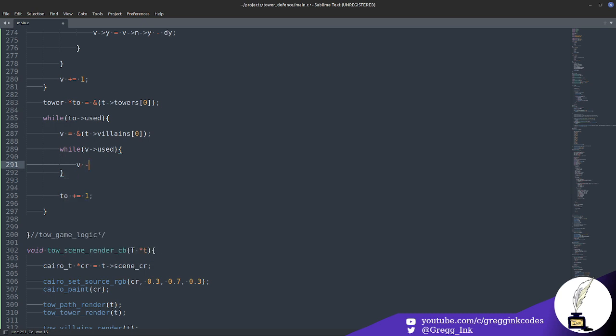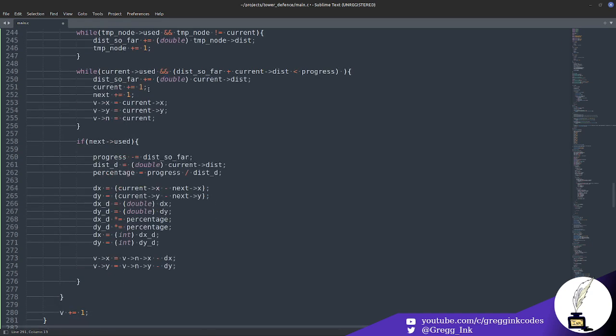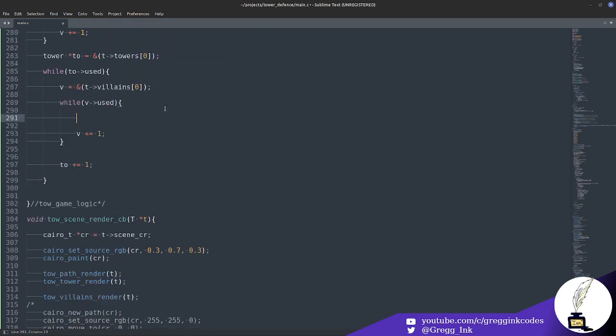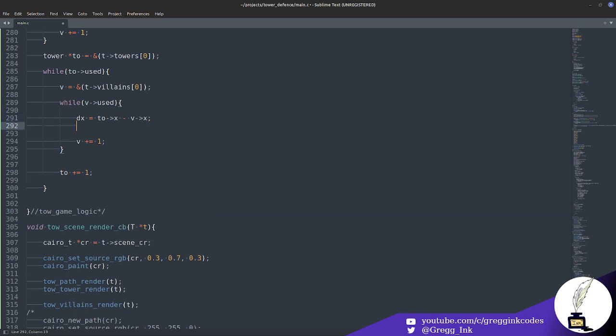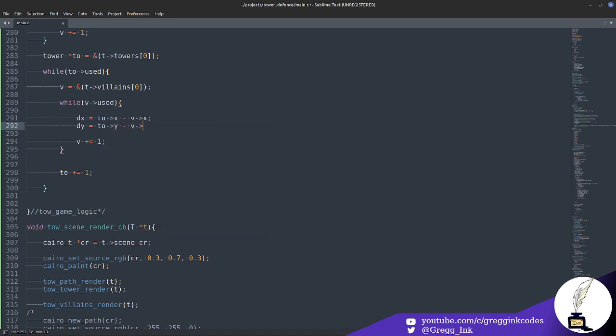Okay, so while V used, I'm gonna have to cycle through all of the villains to see if any of them are in range. Okay. So dx equals tox minus vx, dy equals toy minus vy.